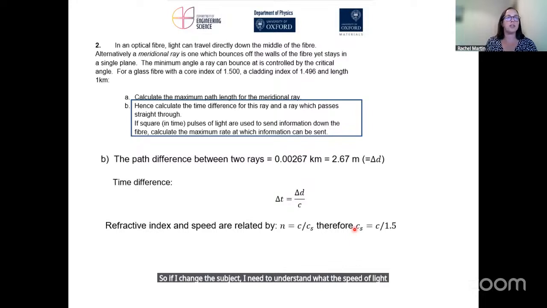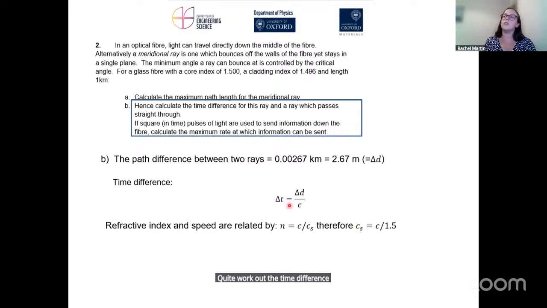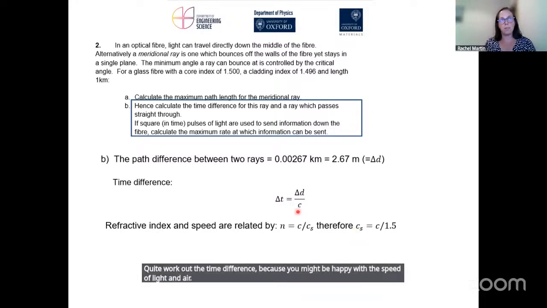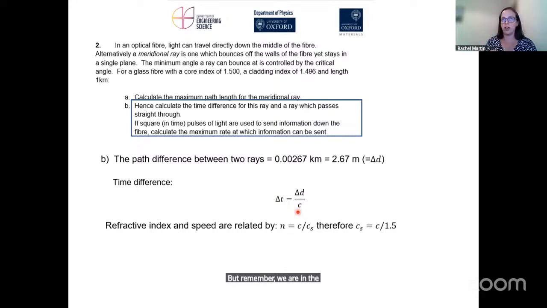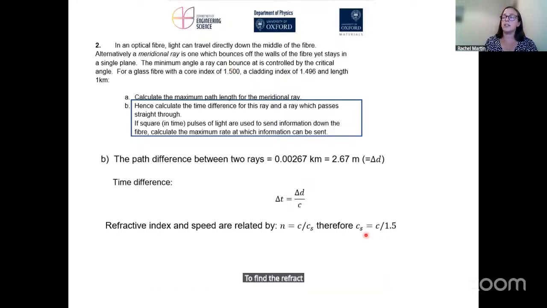This might be the tricky thing where people are stuck if you can't quite work out the time difference. You might be happy with the speed of light in air, but remember, we are in the core of an optical fiber now. And that's why they've given you these refractive indices here. So we'll need to use refractive index 1.5, where my laser beam is highlighting right now, for the core.